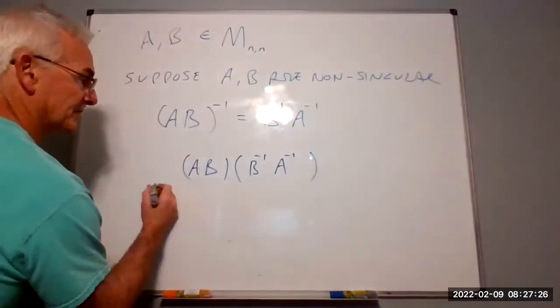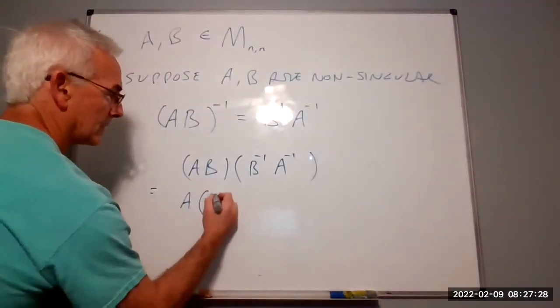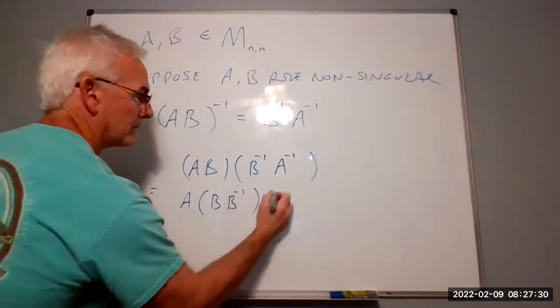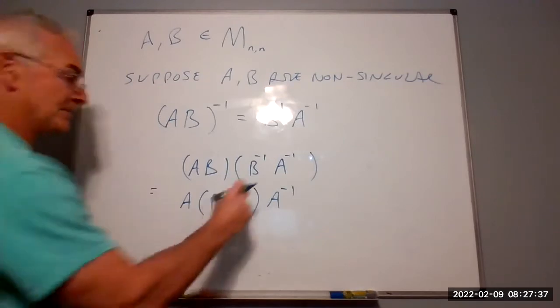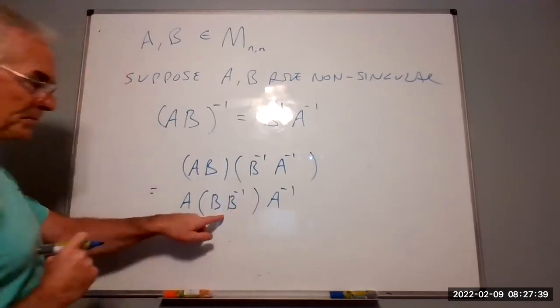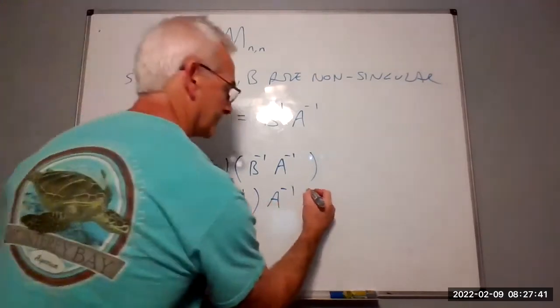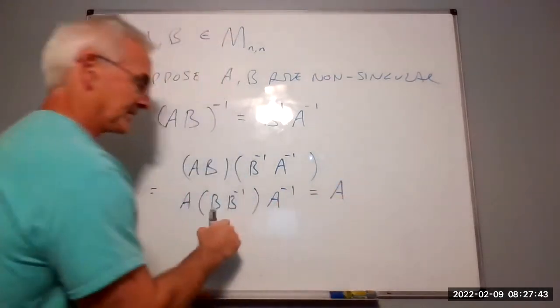So the first thing is, I did not rearrange, I regrouped. So A times B, and then that result times this. I can do this, but what's B times B inverse? Well, that's the identity matrix.